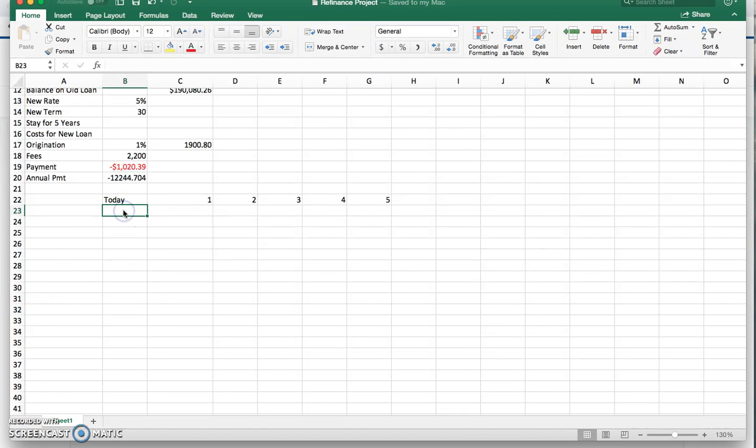For this new mortgage today, I'm going to take the fee amount, make it a negative number, and then subtract from that this origination fee cost. Let me put the parentheses in front of this.